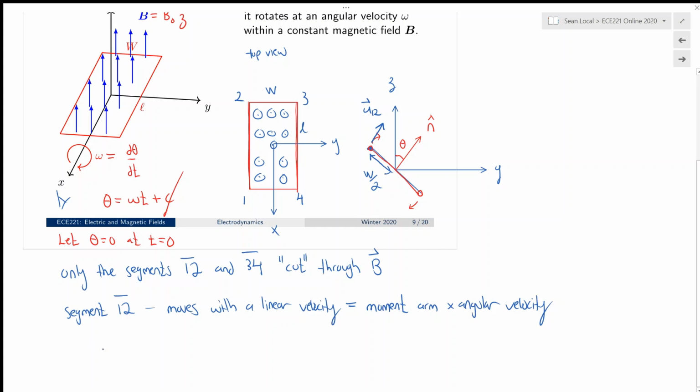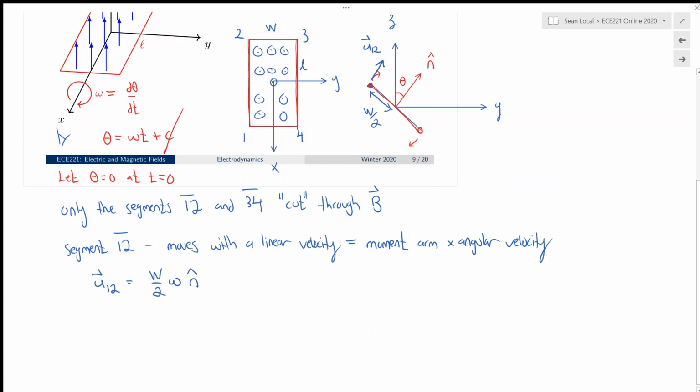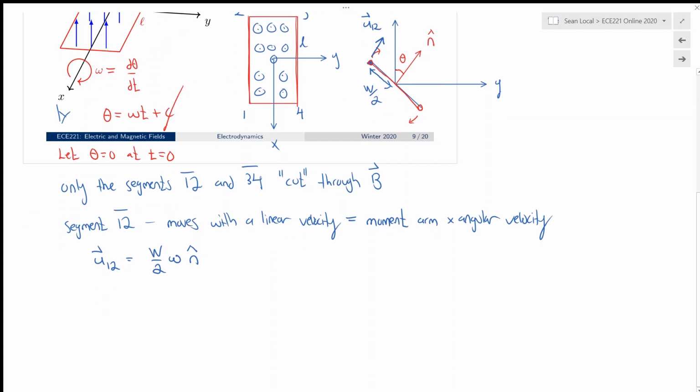So let's write that down. We can write this velocity as u12 times w over 2 times omega, the angular velocity, times n hat. So now we have an expression for velocity to be able to apply in our motional EMF equation.